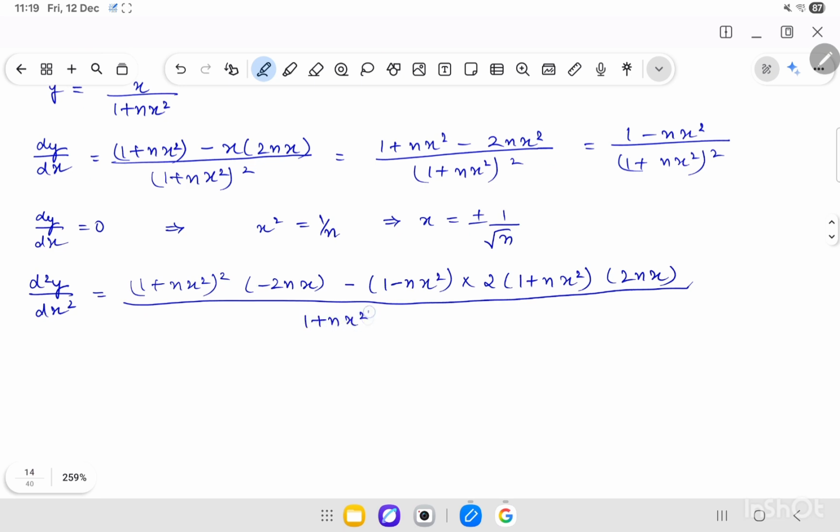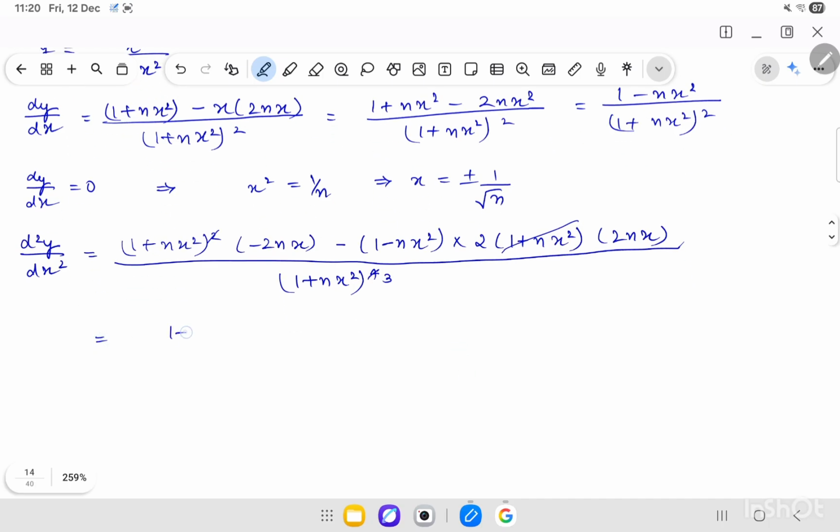Now I can easily balance out one power, so it will be equal to 1 plus nx square times minus 2nx minus 4nx times 1 minus nx square, divided by 1 plus nx square cube.